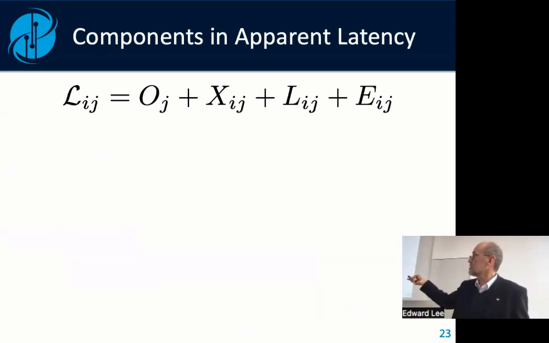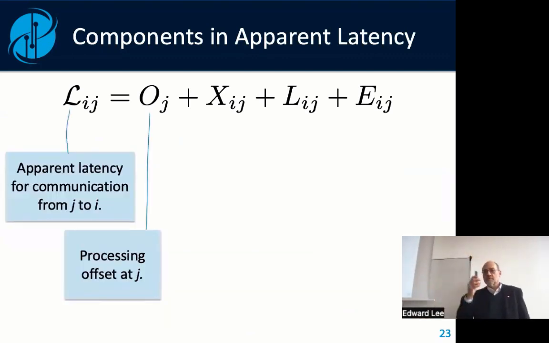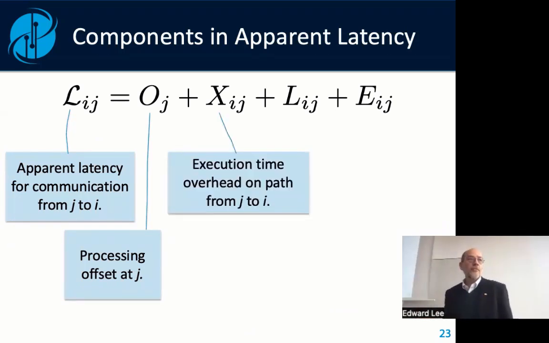One of them is the processing offset. The more your processing offset, the more your software has to wait to give assurance that things will happen in timestamp order, the more your apparent latency will be. Execution time along the path affects it. So in the case of the ADAS system, whatever vision analysis is being done in the cloud is going to take some time.